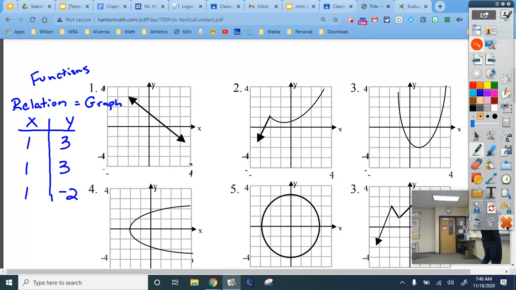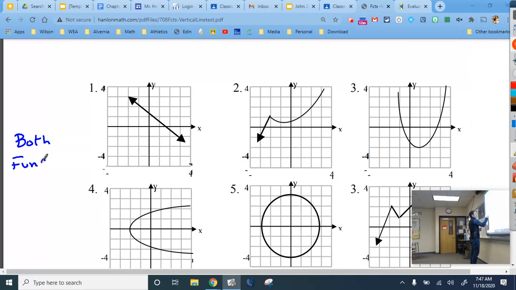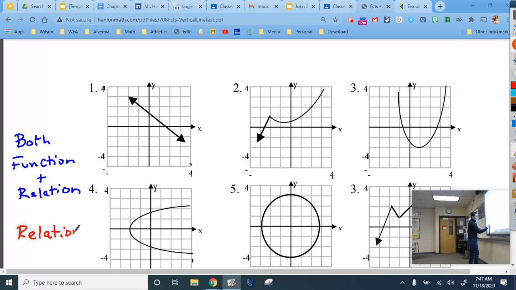So when you're naming these, it would either be both a function and relation, because every function is a relation, or the other possible choice you could have is if it's not a function, it would be a relation only, okay? So these are the only two options you can have here, okay?